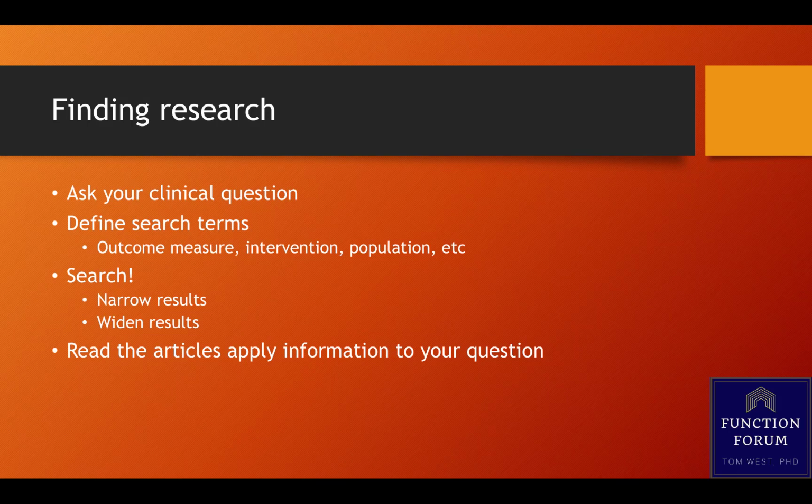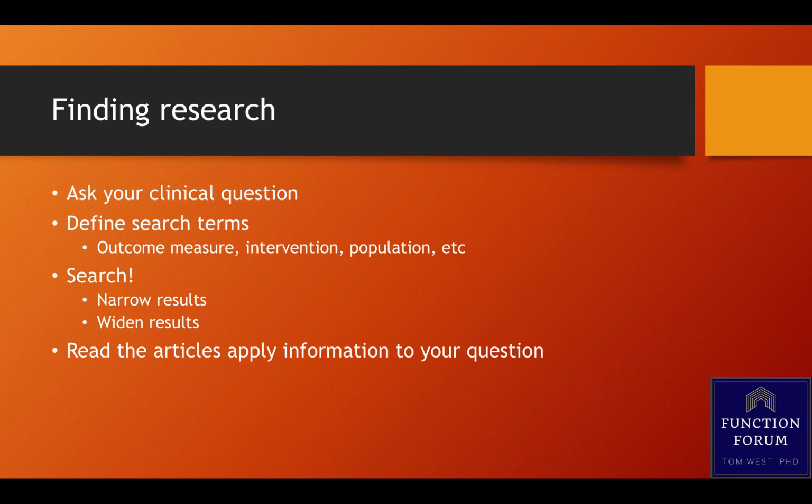Generally, you should be thinking of search terms as outcome measures. What is our goal? And then what are the interventions? So for this search, I would certainly use sprint speed potentially as an outcome measure. You could use 100-meter dash, but then you'd miss anybody that did a 100-yard dash, or potentially you might miss people that are doing a 40-meter sprint or a 40-meter time, etc. So maybe you want to do sprint speed as an outcome measure.